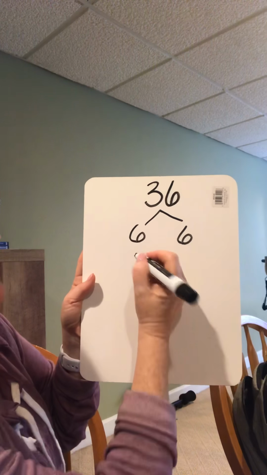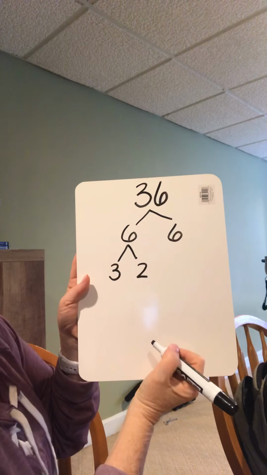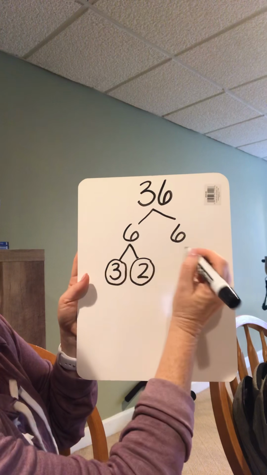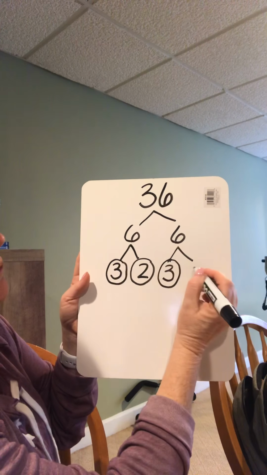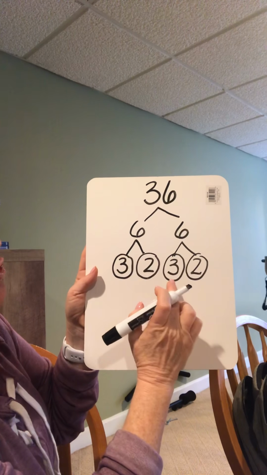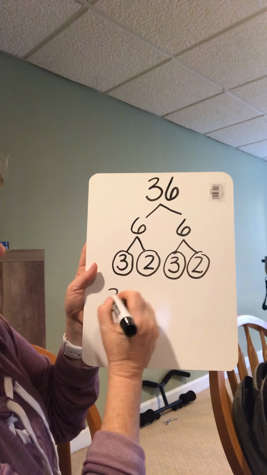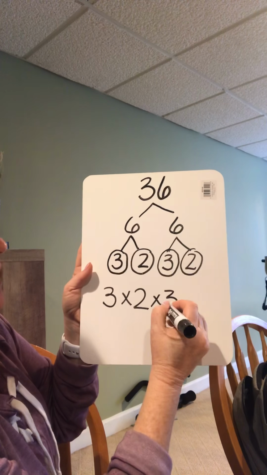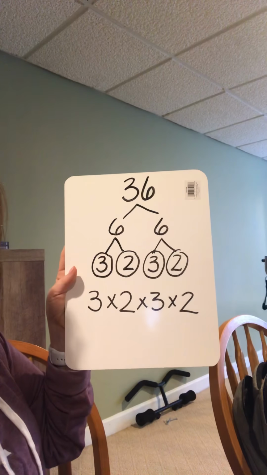We can get 6 by using 3 times 2. 3's prime. 2 is prime. And then we would do the same thing over here. 3 is prime and 2 is prime. So 3 times 2 times 3 times 2 is 36.